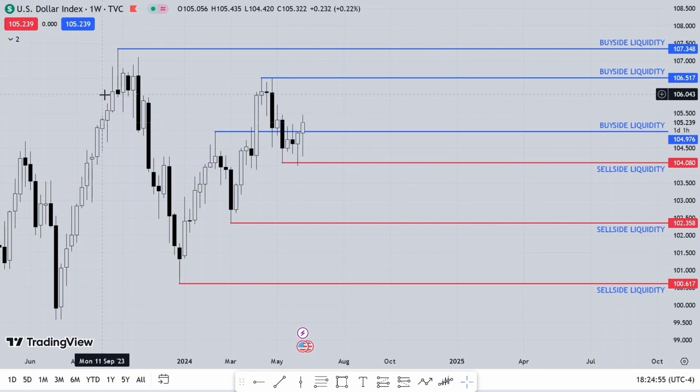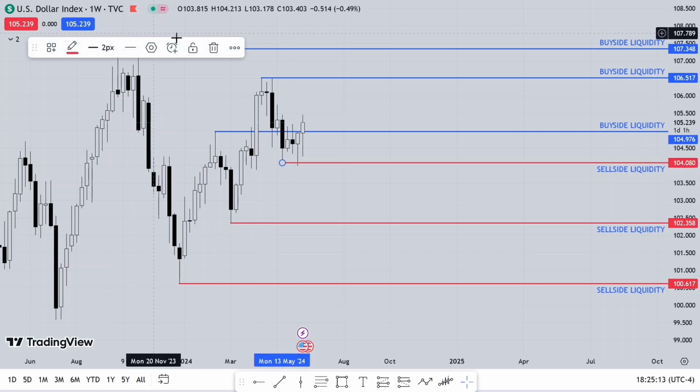Price is price in every time frame. The difference is just that the weekly time frame takes longer to form compared to the 1 minute time frame. So let's take this all off.